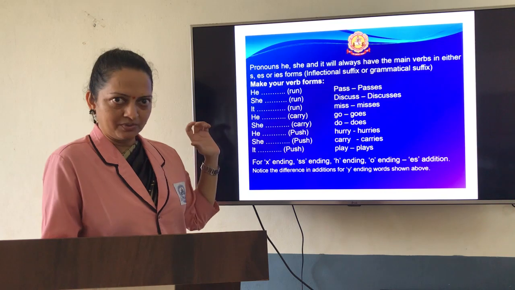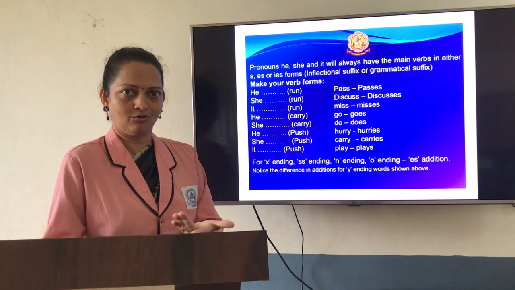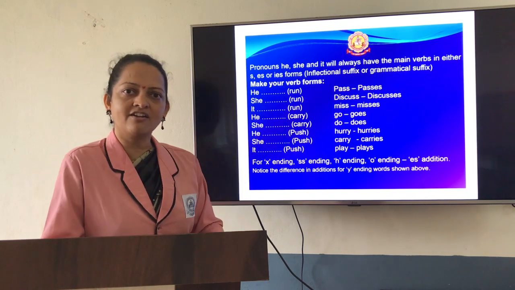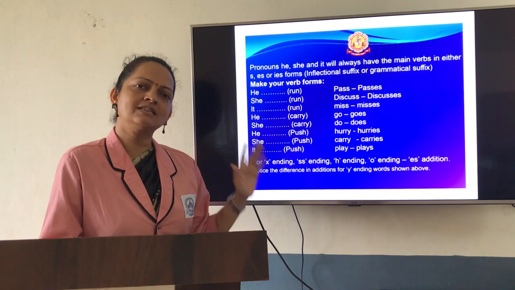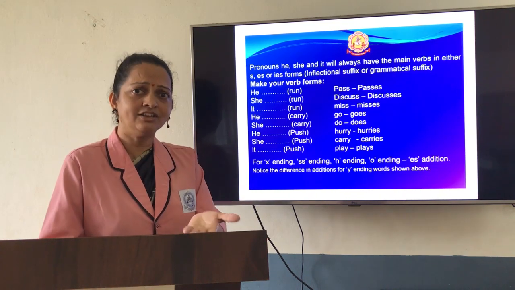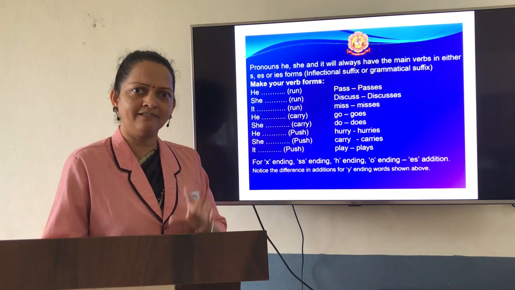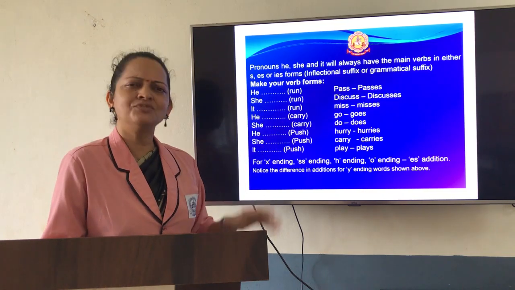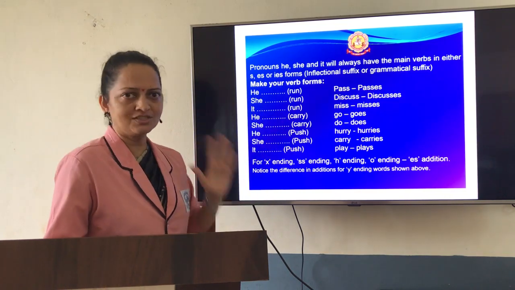We have some examples here, and we are going to solve them. If you see the first one, for he, in the bracket they have given run. Such exercises you have solved a lot in your English grammar examinations, where you have to give the right suitable verb forms. It's very, very easy. So let's see what the first one is.